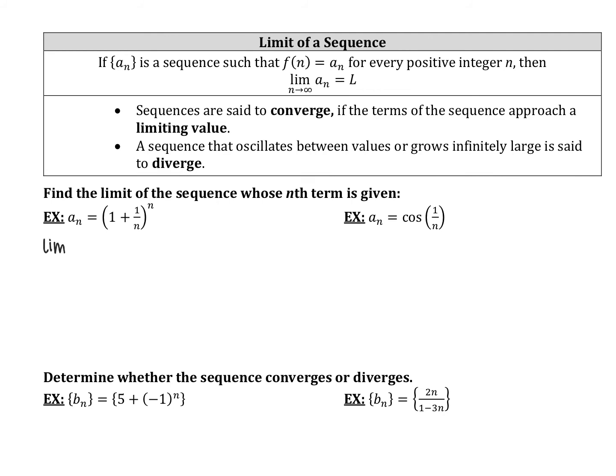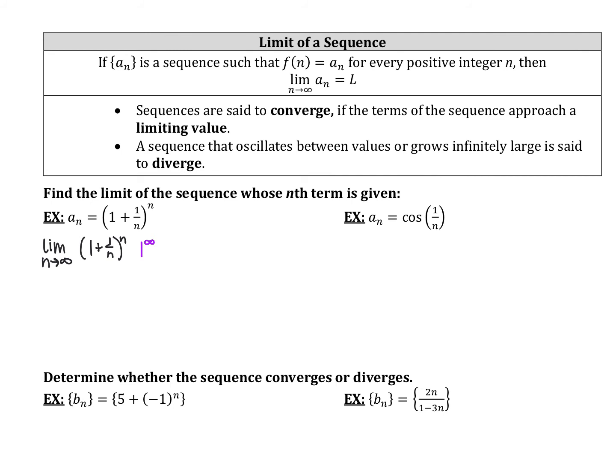The limit as n approaches infinity of (1 plus 1 over n) to the n power. If I substitute in right now, the limit as n approaches infinity, what do I get? Hopefully what you notice is I get the indeterminate form of 1 to the infinity power. That's a problem, which means I need to do some work.